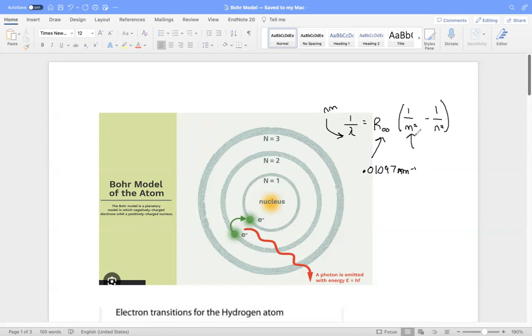And then m is our lower energy orbit, and n is our higher energy orbit.